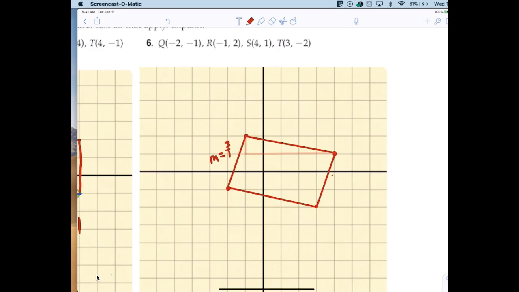So the slope here is negative 1/5, right? So now we know it's not a square or rectangle, right? Remember, in order for it to be a square or rectangle, the slopes have to be negative reciprocals, right? Come on, guys, that's not really hard. So this is none of them.